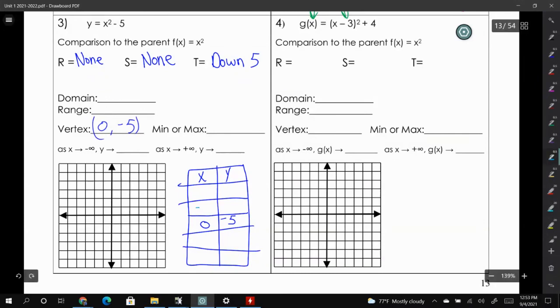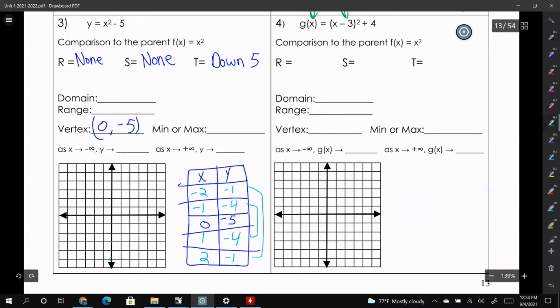And then for the rest of the table, we can plug in our x values. 1 squared is 1, -5 is -4. 2 squared is 4, -5 is -1. And again, these should match. So you only really need to do 2 additional points and then just reflect them.